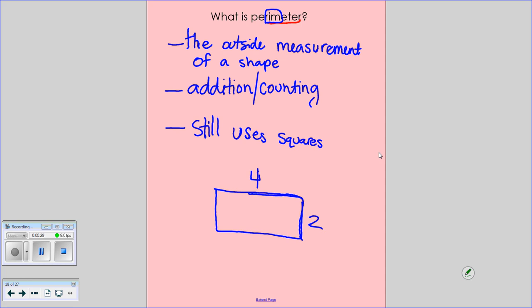What do these dimensions tell us in relationship to tiling? What are these dimensions telling us, Gabriella? How many squares go on the top and how many squares go on the side? Beautiful. This is telling us how many rows or how many columns we need.